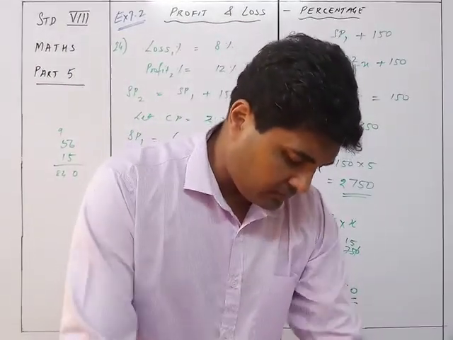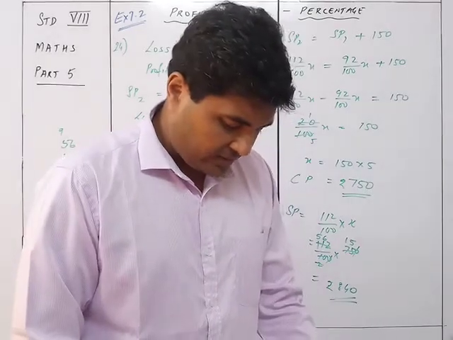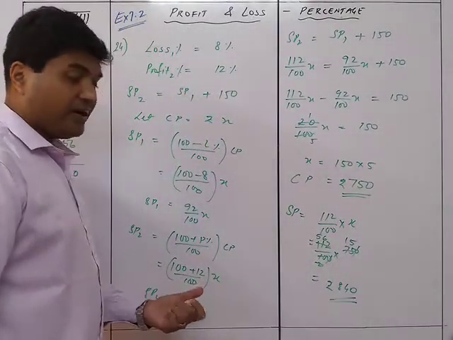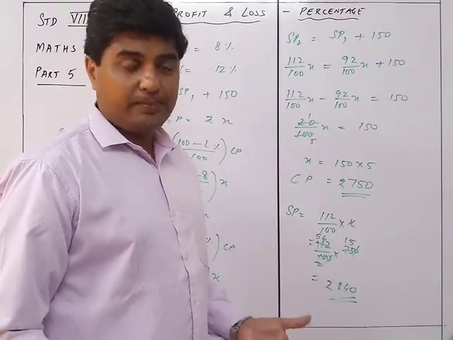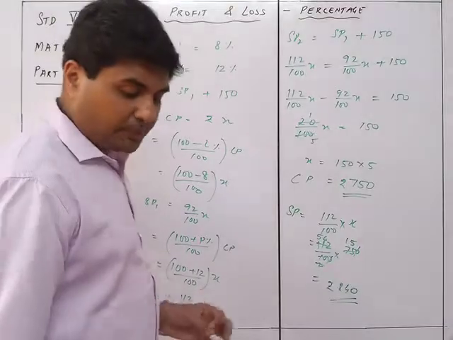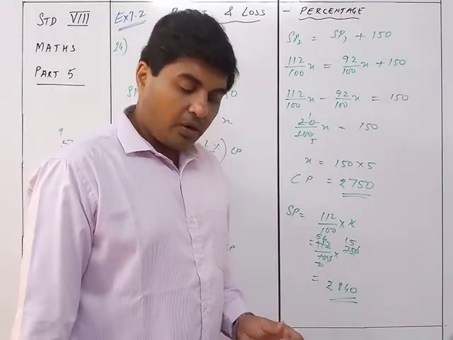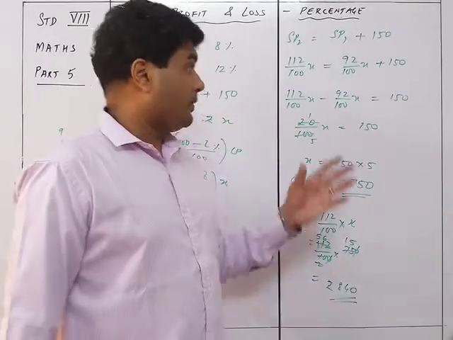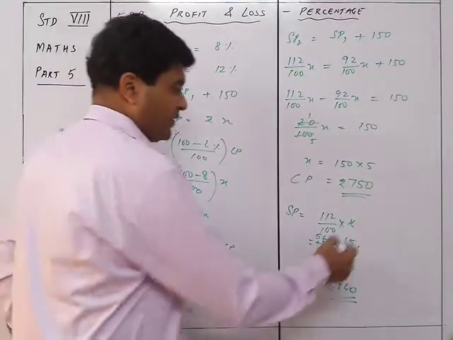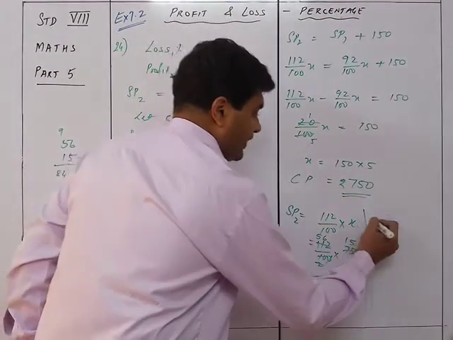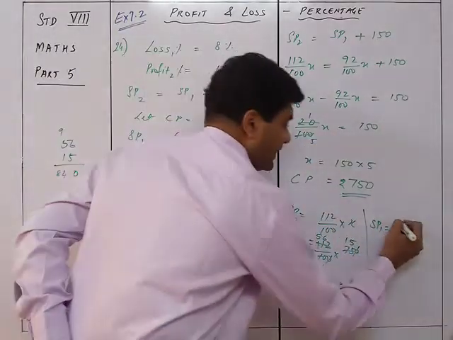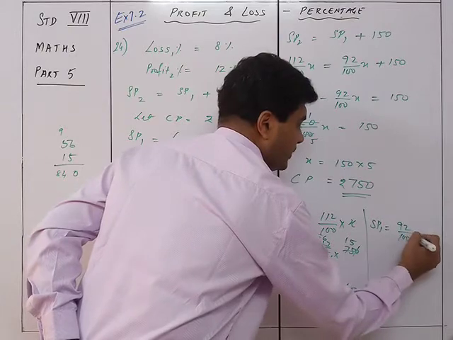Now there could be a confusion whether it is the first price you need to find out, or the second price. So in that case we'll have to find out both of them, because it is not mentioned properly whether the selling price was SP2 or SP1. So this is SP2, we'll find out SP1 also. SP1 is nothing but 92 upon 100, so it is 92 upon 100 into 750.